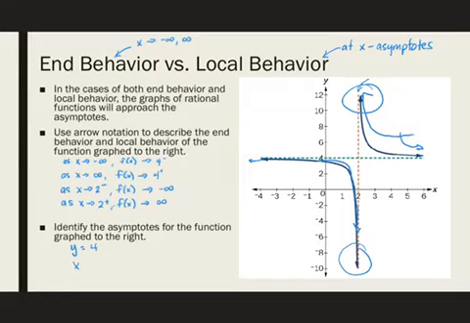Your vertical asymptote is the red vertical, and that happens at positive 2. So your asymptotes are just simply lines, and they are either horizontal or vertical lines, depending on what kind of asymptote it is.